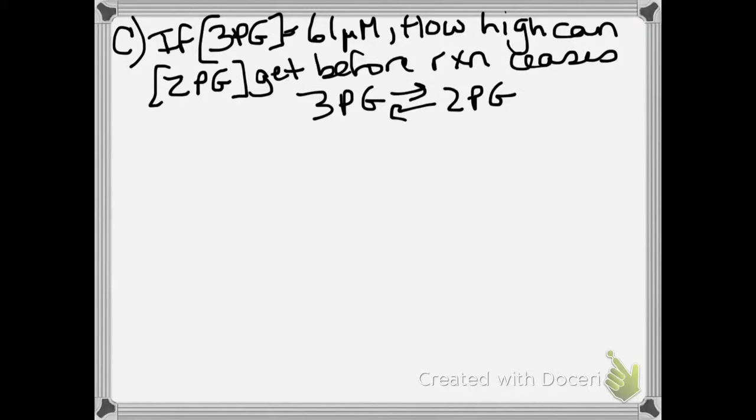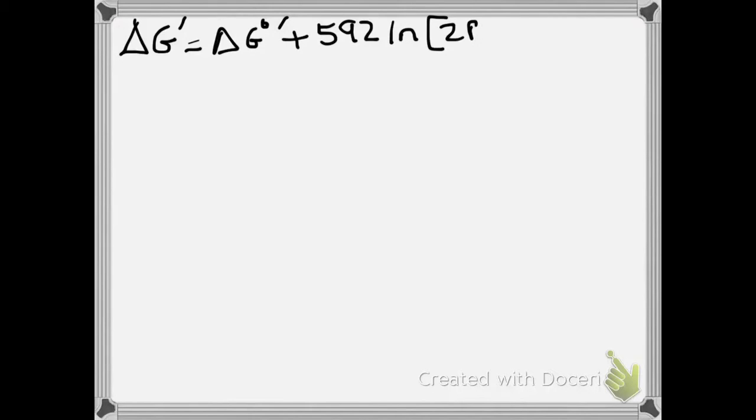And so in order to calculate this, I need a nice clean page. What we're going to do is first write our equation. Delta G prime is delta G0 plus 592 times the natural log of the concentration of 2-PG over 3-PG.